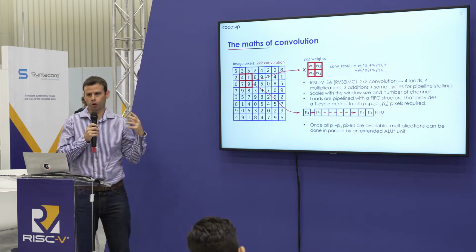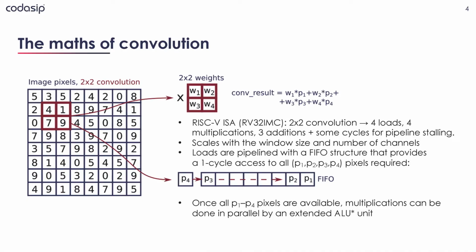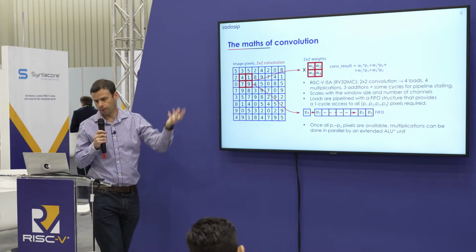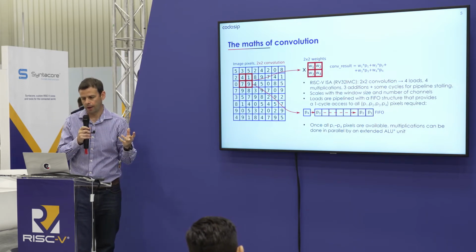If we look at what convolution is actually doing, it's essentially a matrix multiply. You iterate over your image, you have values in the image that you're going to operate on, you have a set of weights, and by performing some maths, you can complete your convolution.